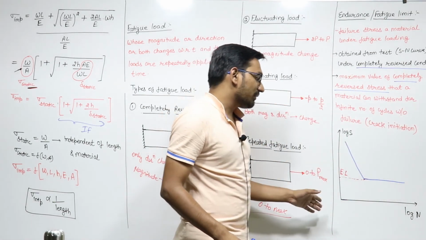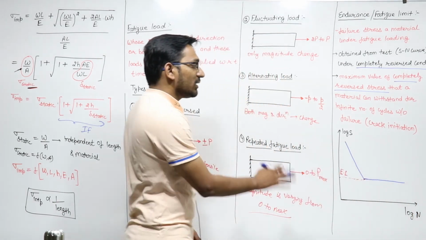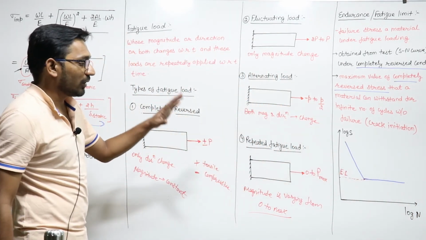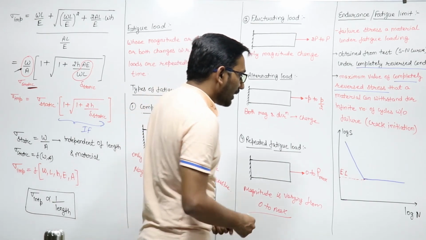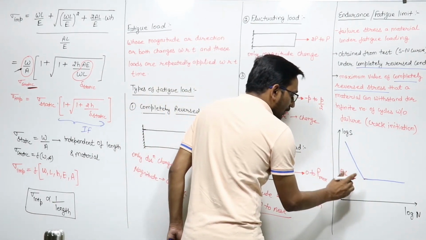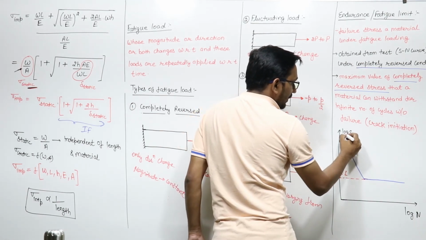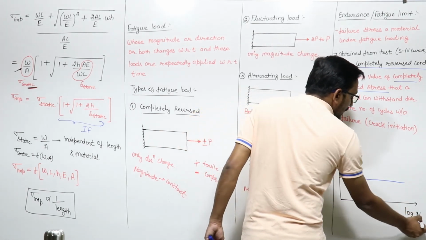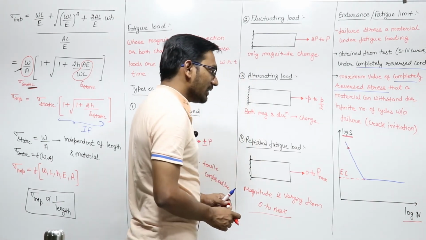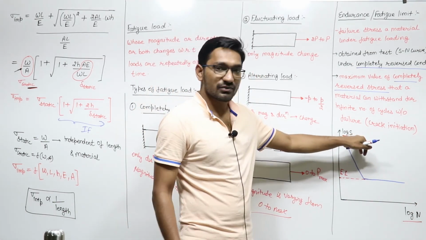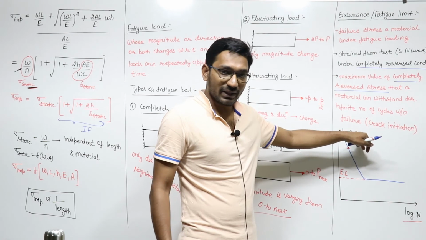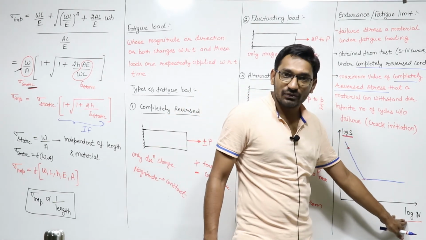So the SN curve will look like this, right? We'll see it in machine design in detail, but for your understanding, this is how an SN curve will look. This is a logarithmic graph. S means your stress, that is fatigue stress, and N is the number of cycles.